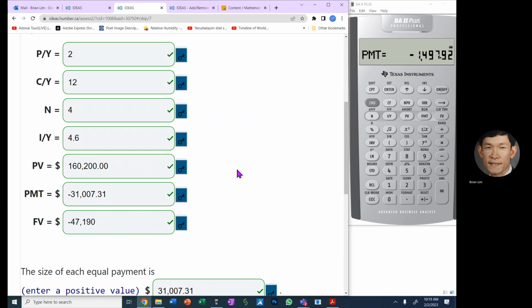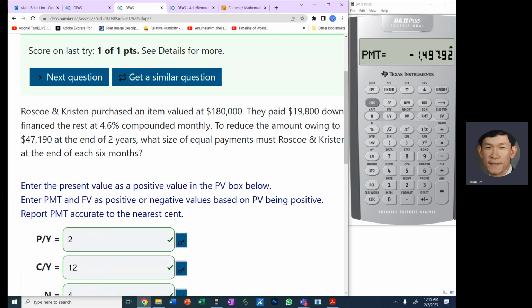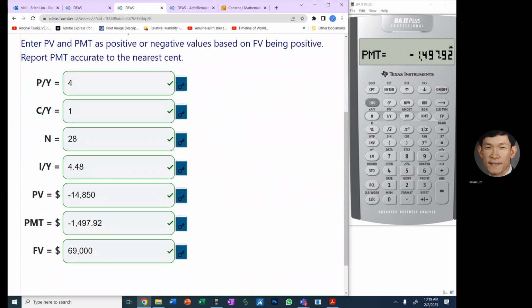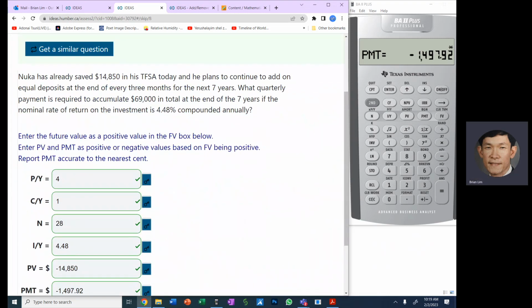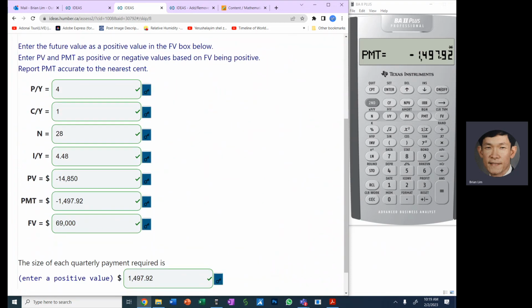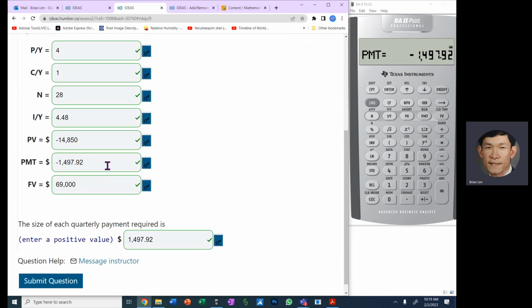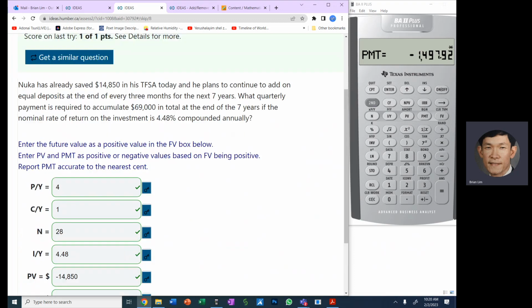Just pay close attention to the correct signs for those values, and also the correct sign for the payment. Whatever turns up on the calculator, please insert it, and that is indeed the correct answer.